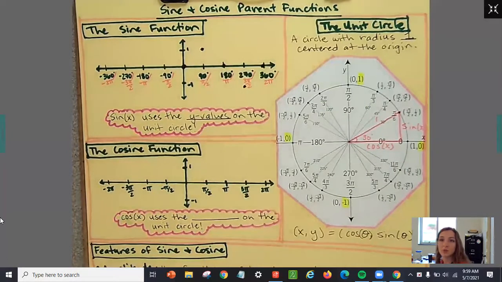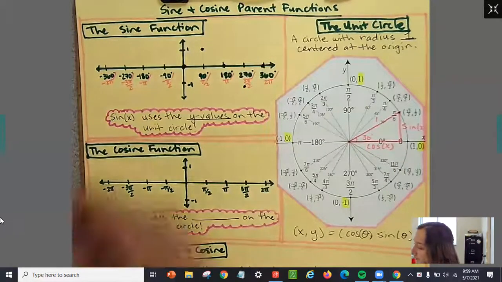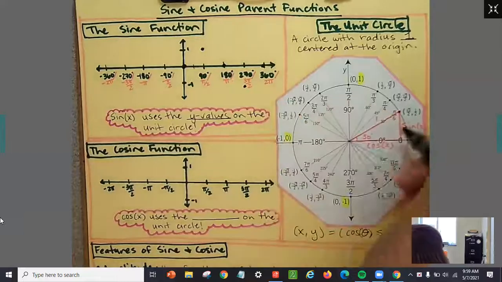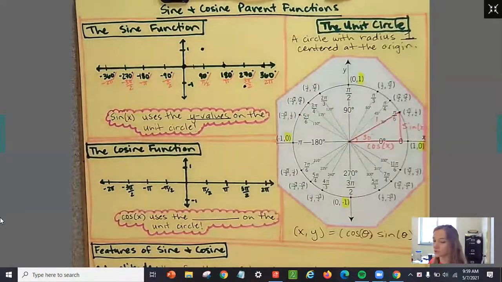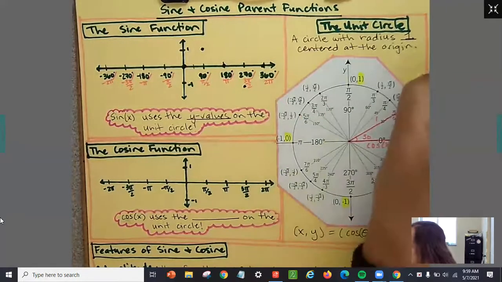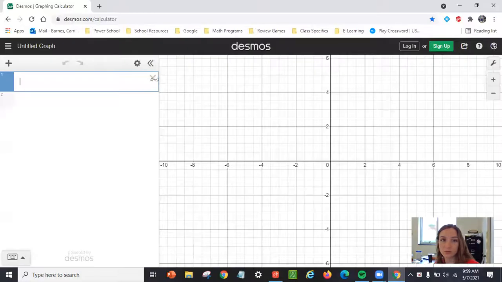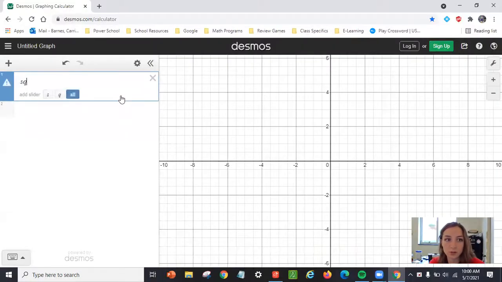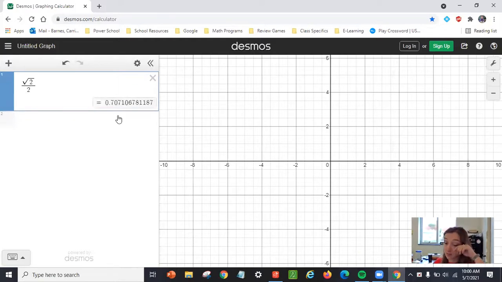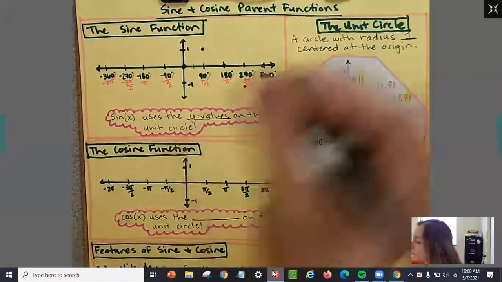Okay, and let's just graph maybe one other point in here. So let's graph the 45 degrees, and at 45 degrees, it is √2 over 2. So we're going to see what √2 over 2 is equal to as a decimal, and we're going to plot that point. So √2 over 2 is equal to 0.707. So let's write this down, 0.707.